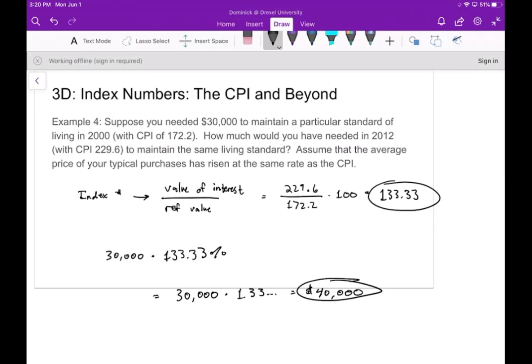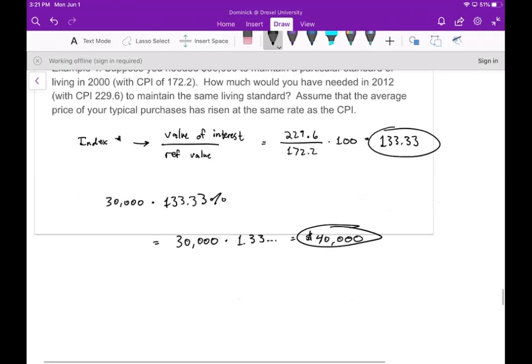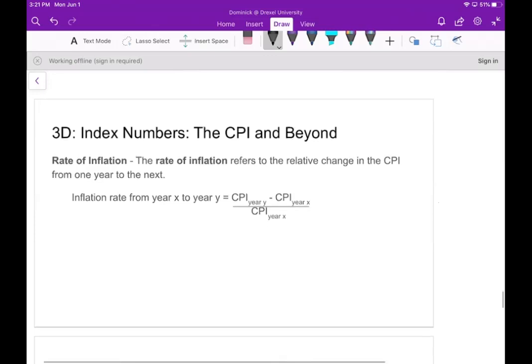So in order to maintain the same standard of living, you would need $40,000 in 2012 compared to 30,000 in 2000. Essentially, those two amounts of money are equal for the respective time periods. That's the idea.